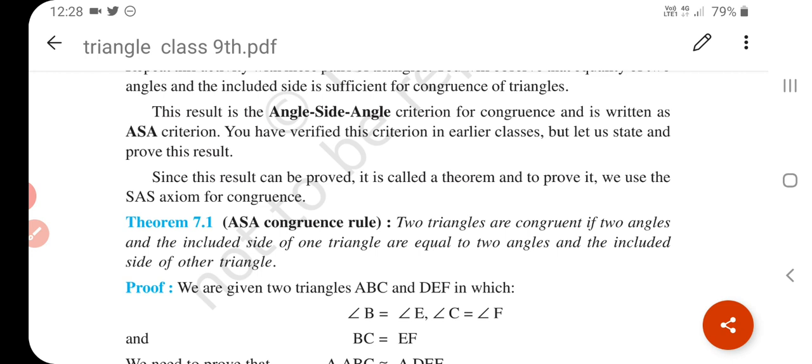Understand? This is your criteria for congruence, that is ASA, angle side angle. This is your criteria for congruency, called angle side angle.